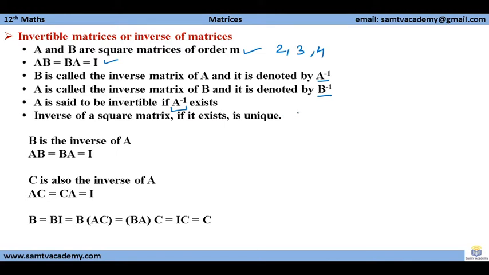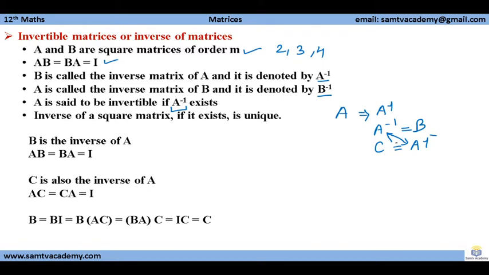So suppose we have a matrix A and its inverse is B, and suppose C is also a matrix that is an inverse of A, then B will be equal to C, and both will be equal, unique and the same.